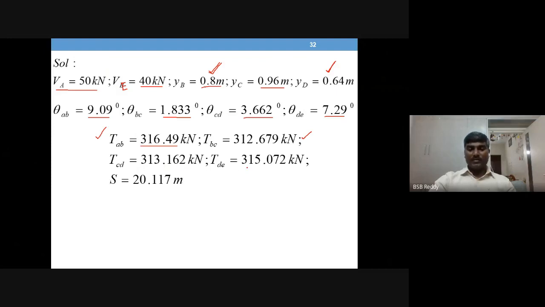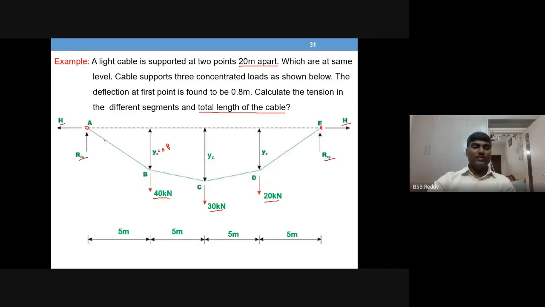Similarly, the DE segment, the last one at the right hand support, is 315.072. So the maximum being 316. And the total length of the cable, what does it mean? It means the sum of length AB, length BC, length CD, and length DE.